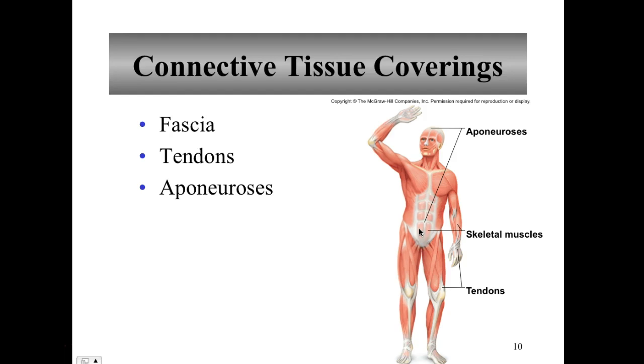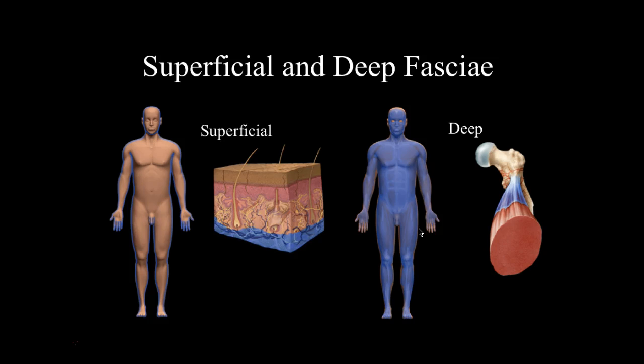We'll look at that a little bit more, but basically fascia is a very tough fibrous connective tissue layer that is going to help cover the muscle. You do have superficial fascia, coverings that are more external, and then you have deep fascia, or coverings that are located further in.